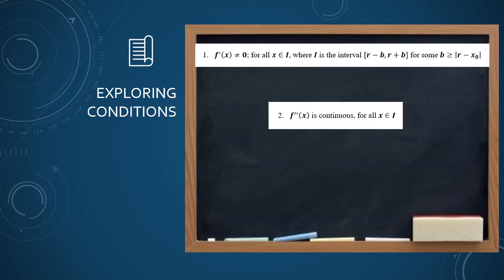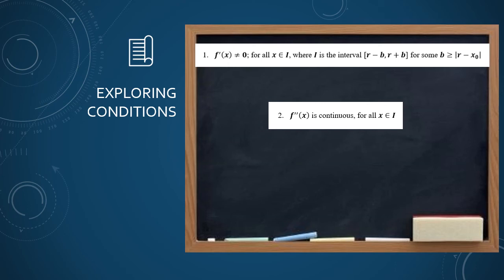So one of the conditions here is that f prime of x is not equal to 0 for all x in some interval I. I is an interval (r minus b, r plus b) for some b that is greater than the absolute value of r minus x naught. So what does that actually mean?